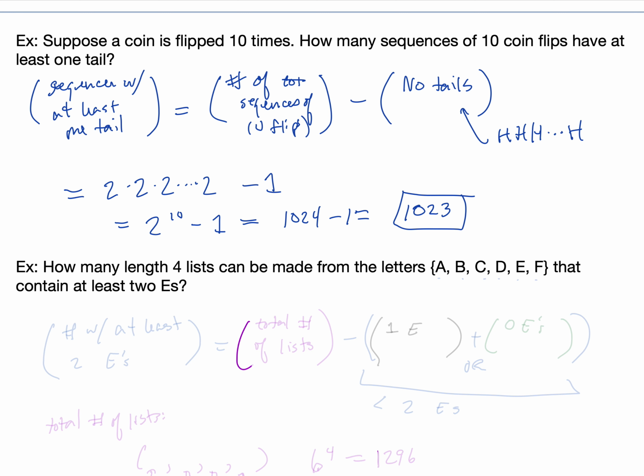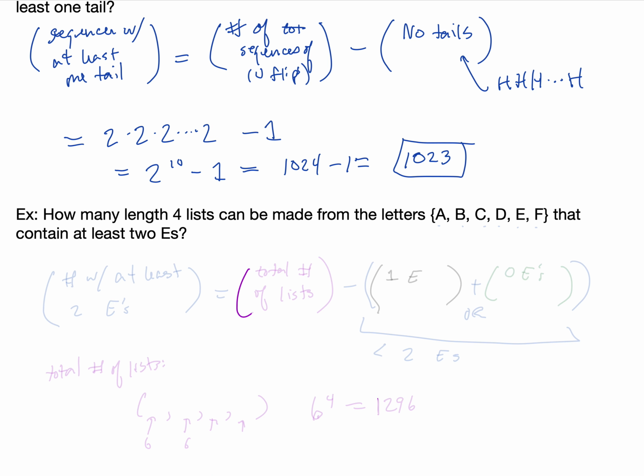All right. How many length 4 lists can be made from the letters A, B, C, D, E, F that contain at least two E's? So the number with at least two E's could be the total number of length 4 lists from those letters, minus, okay, if it does not have at least two E's, what are the possibilities?